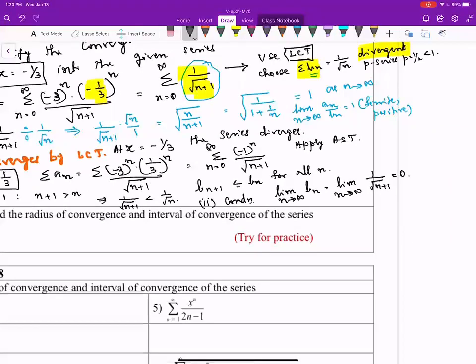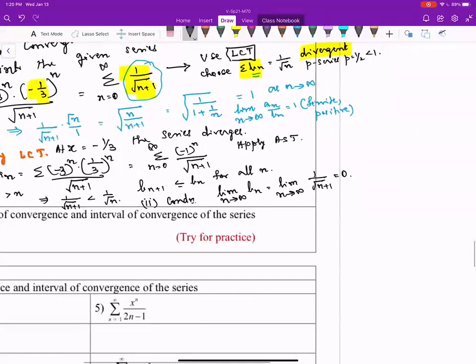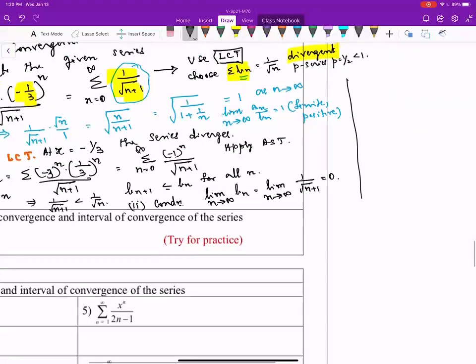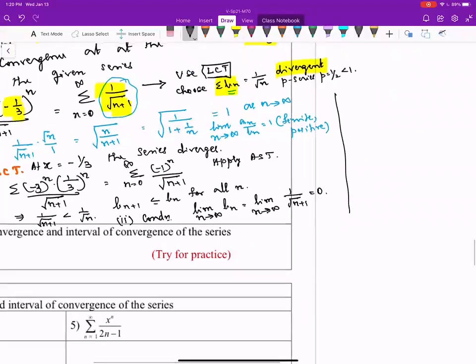So by alternating series test, sigma an, the given one, converges at x equal to 1/3.